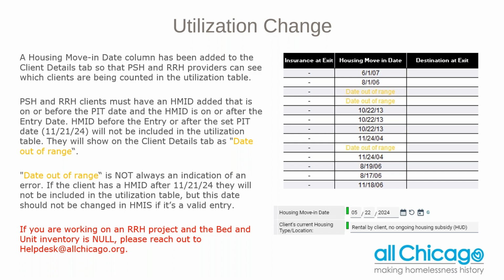If you run the data quality report now for your Rapid Rehousing project and your unit or bed inventory is null, then we ask that you reach out to the help desk so we can sort that out. That's either due to us not having that information for your project, or a different reason, but we do ask you to reach out so we can sort that out for you.